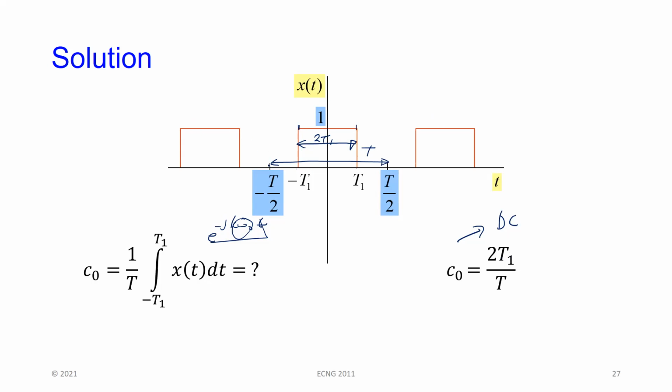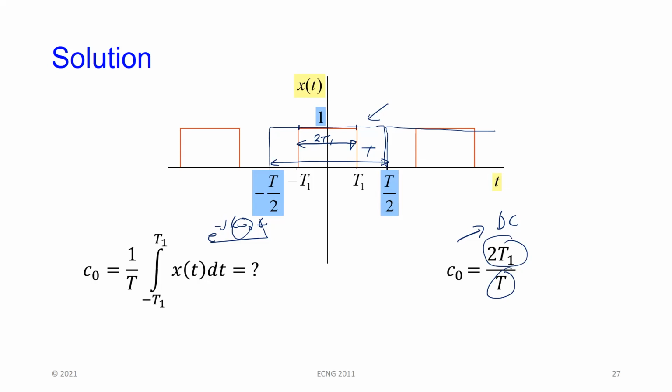In fact, if you were to make this signal go all the way to T, it means that this signal will just be a straight line at amplitude 1. And that makes sense because if this is equal to that, the DC value would of course be 1, while the amplitude here is 1. So it will be 1, let's say 1 volt, if that's a voltage signal. All right. So for a rectangular signal, by varying the duty cycle, you can vary the DC level.